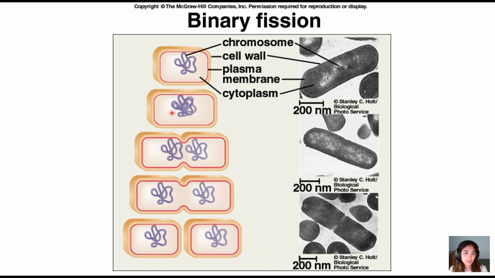We can see that it's replicated itself. So I've now actually got two strands of my chromosomes. The chromosome here is attached to the cell membrane, and we can see this division that's slowly occurring here that then results in our two daughter cells that have the identical pieces of genetic material.